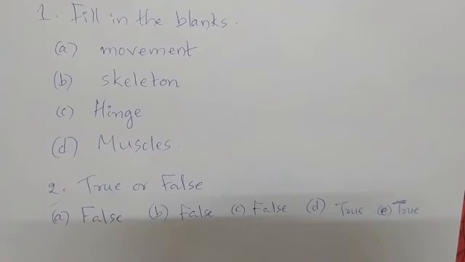In that forearm, two bones are there. So the sentence given is true. E. Cockroaches have an outer skeleton. Yes, cockroaches and snails have an outer skeleton. So this sentence also is true.